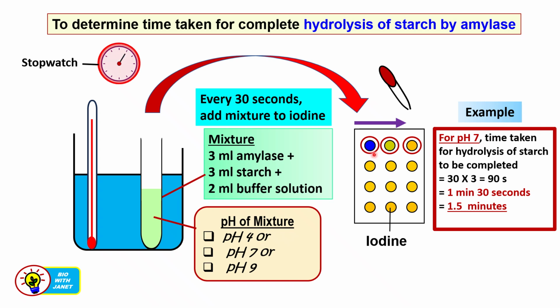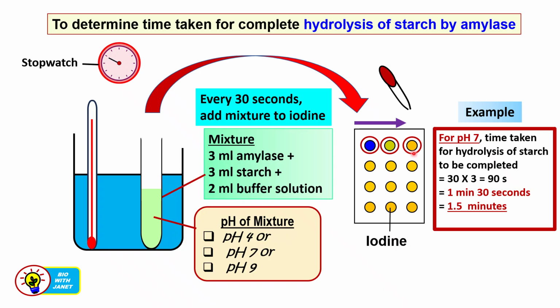For pH 7, how long is the time taken for the hydrolysis of starch to be completed? Look at the results here. This is the first 30 seconds, the first result. Then after 30 more seconds, and thirdly, after 30 more seconds. At the second stage, you can see there's still some bluish coloration, so the reaction is not complete until the iodine solution remains brownish yellow, the original color of iodine.